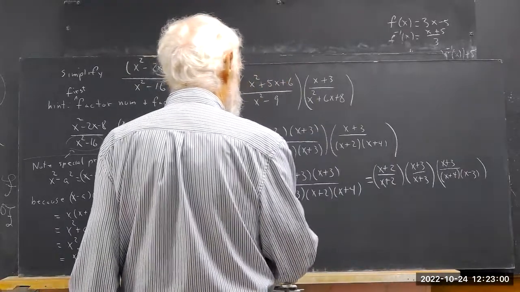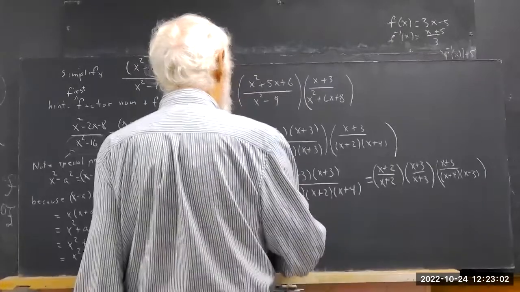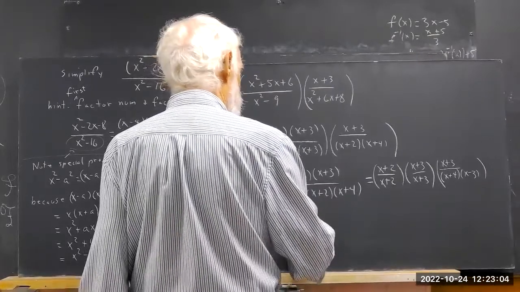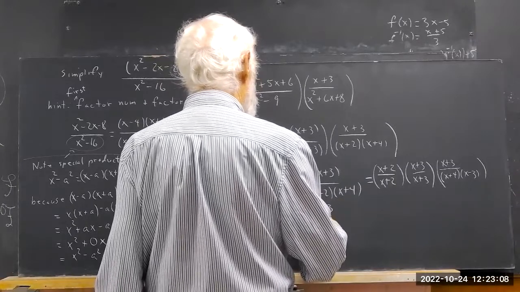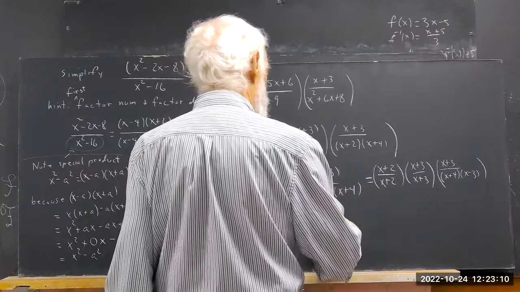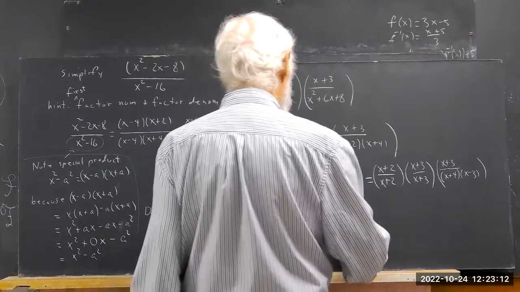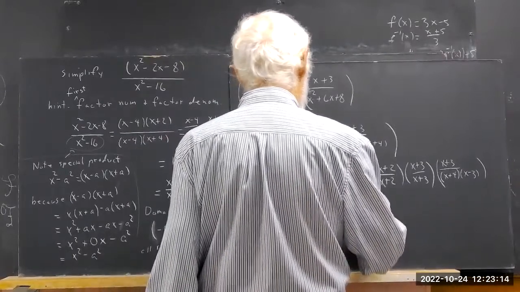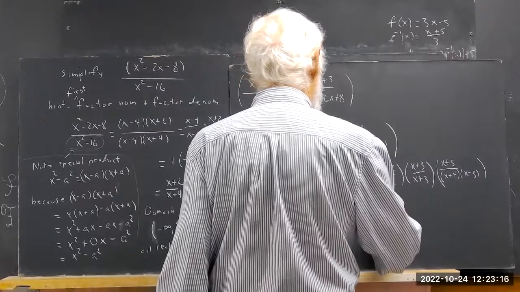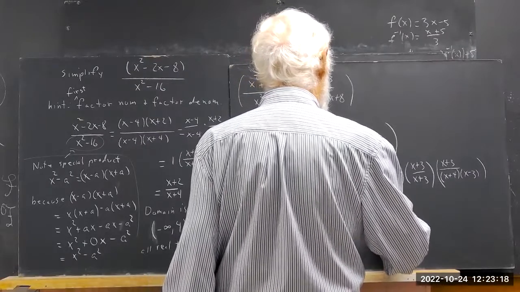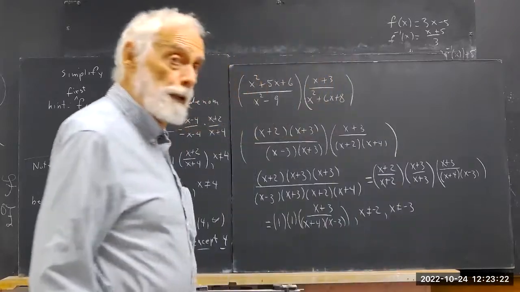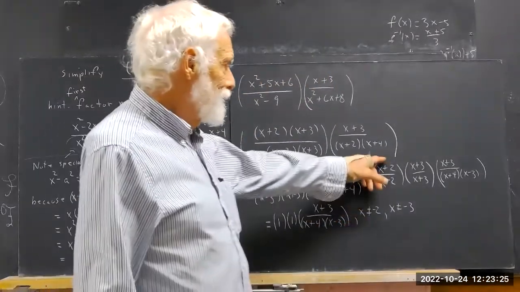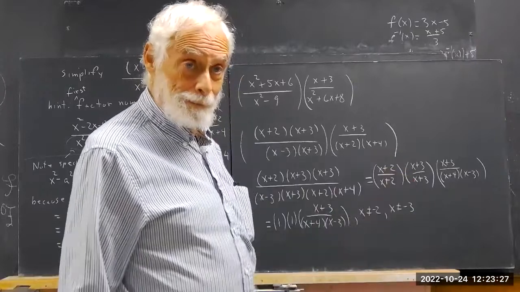So that equals 1 times 1 times x plus 3 over x plus 4 times x minus 3. Remember, x can't be -2. x can't be -3 because you can't do 0 over 0.